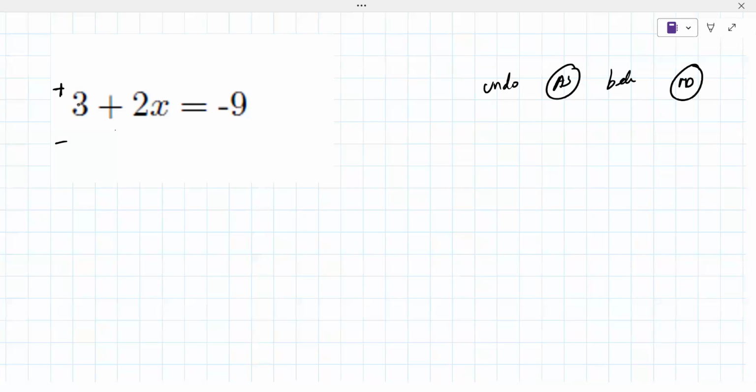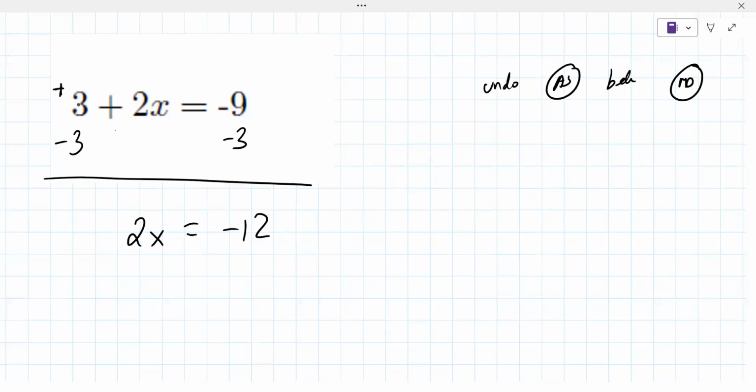So you undo that by subtracting 3 from both sides. So 2x equals minus 12. And then you undo multiplication with division, so x equals minus 6, like that. Is that okay?